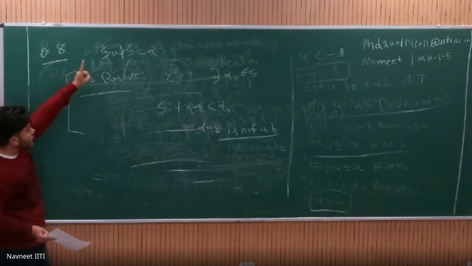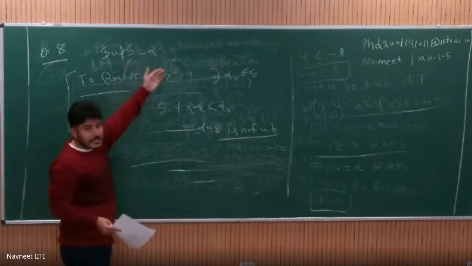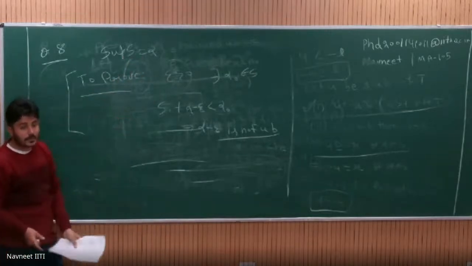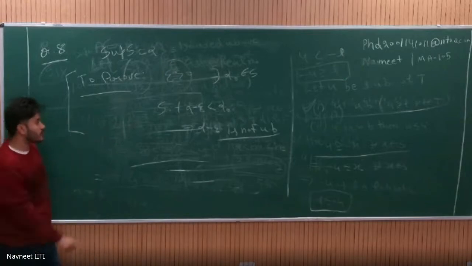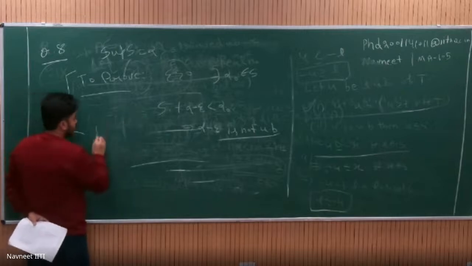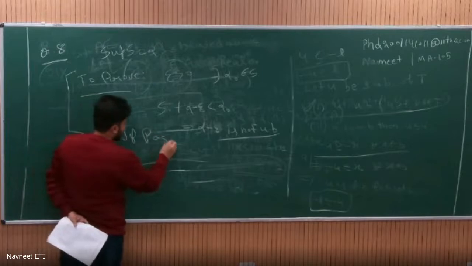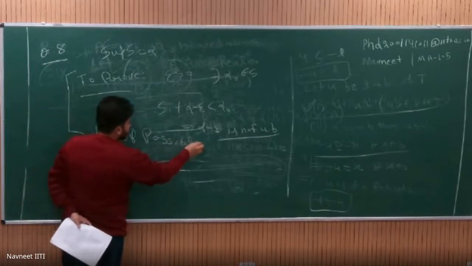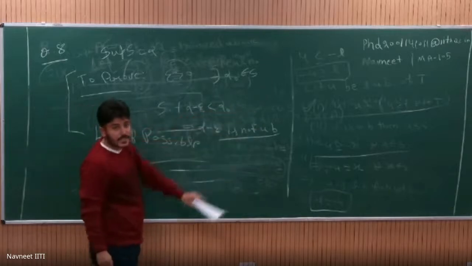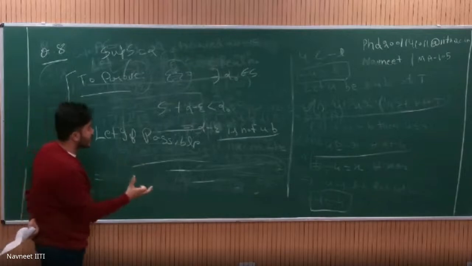Just using those two properties, that this is an upper bound and it's a least upper bound, so it should be less than any other upper bound, we can prove this argument also. Let me give you some hint. Let us assume it is possible that there does not exist any alpha naught which is greater than alpha minus epsilon. Then what is the situation in our hand?